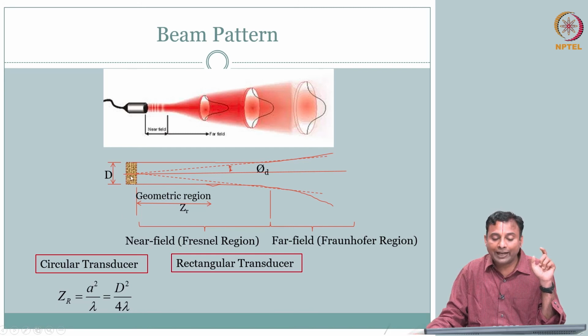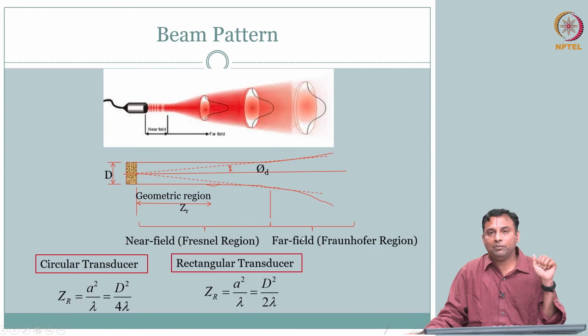If it is going to be a rectangular transducer, then you can have d square by 2 lambda. The textbook goes on to deal with the rectangular transducer, right? What we will do is orient ourselves and relate back to the textbook chapter on imaging.